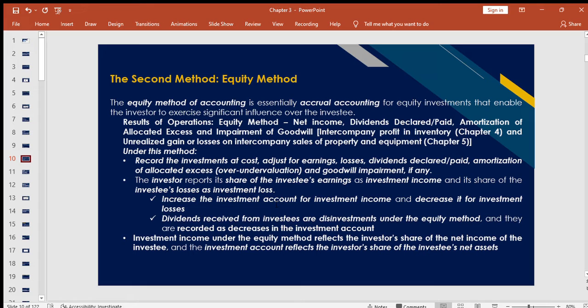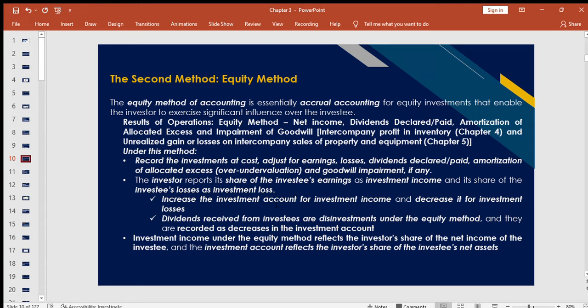Under this method, we record the investment at cost, adjust for earnings, losses, dividends, amortization, and impairment. The investor reports his share of the investee's earnings as investment income, and his share of investee's losses as investment loss.